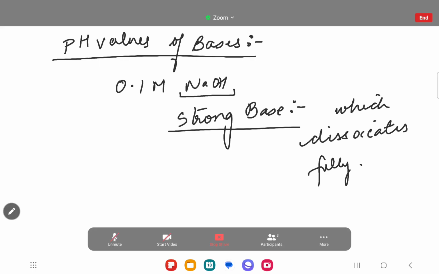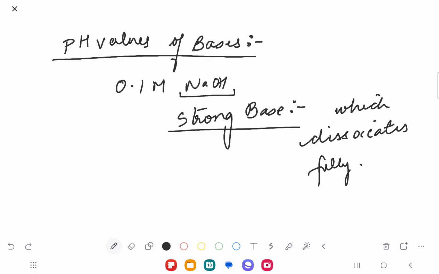So what do you think would exactly happen? When a strong base fully dissociates, that means if I am adding 100 molecules of NaOH, all the 100 molecules of NaOH shall dissociate into Na plus and OH negative. My point here is that if I have 0.1 molar NaOH and it dissociates, it is going to give me Na plus and OH negative.